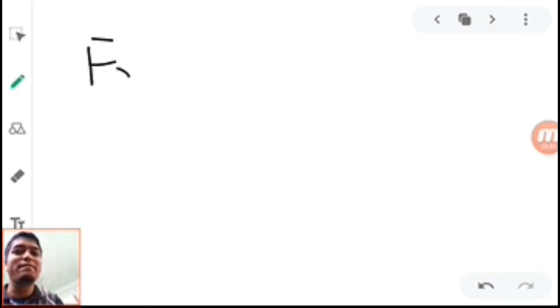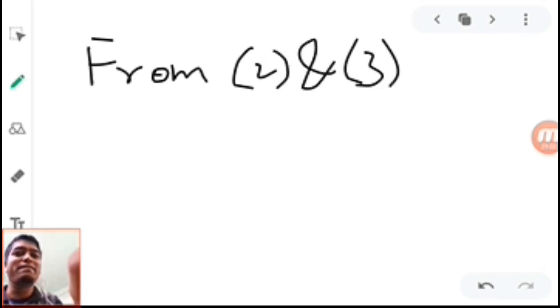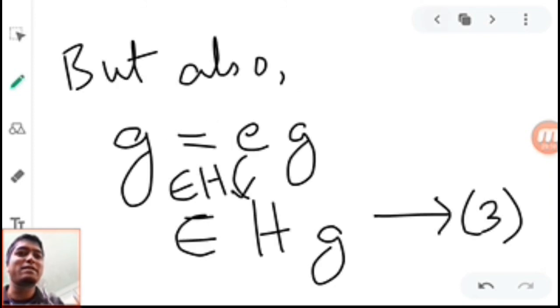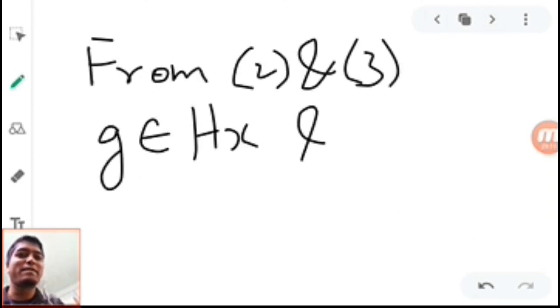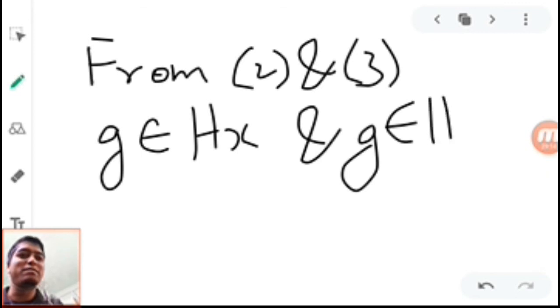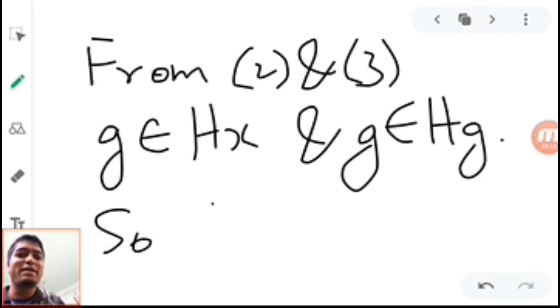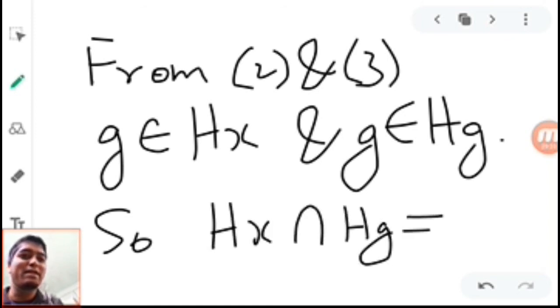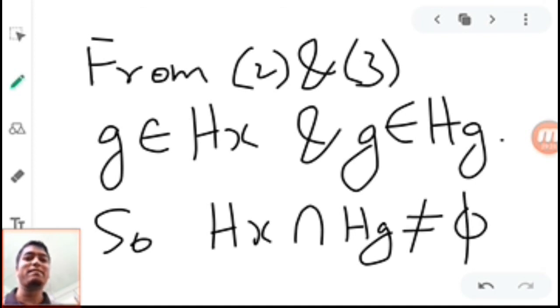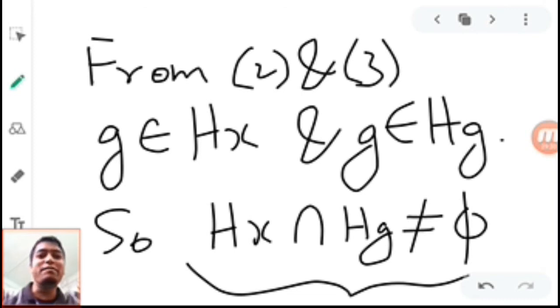From 2 and 3, g belongs to Hx and g belongs to Hg. So Hx intersection Hg is not empty. Why are we bringing this condition here? Because if you remember, we already have a theorem about cosets.